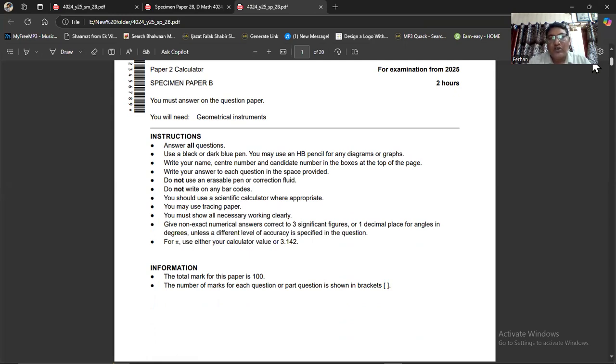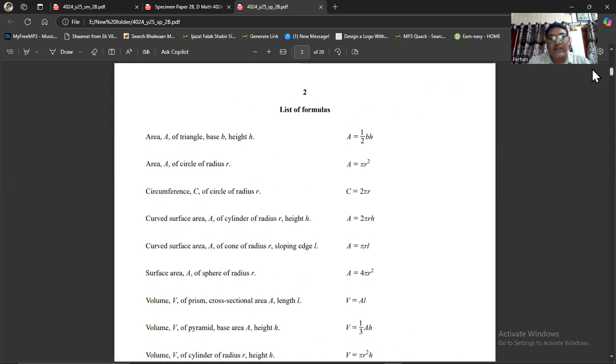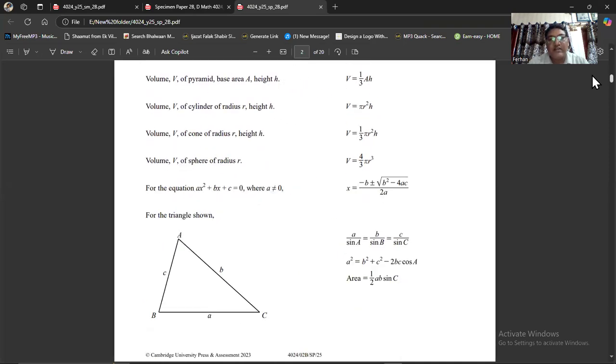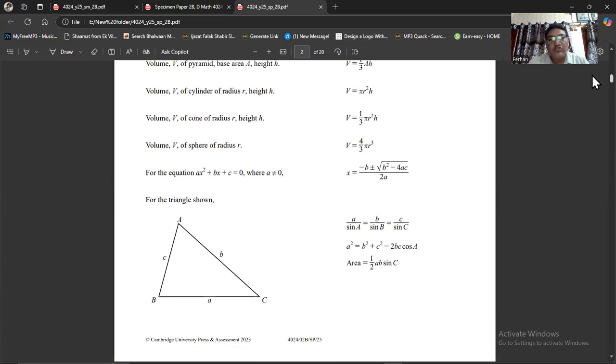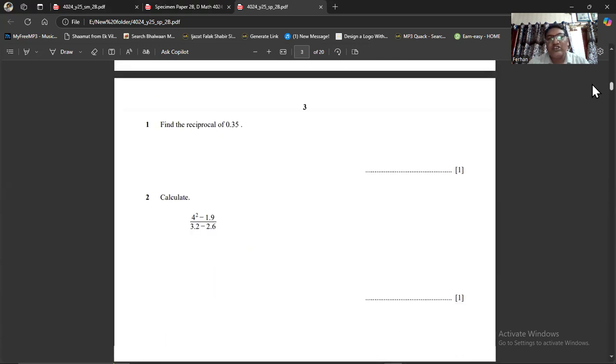So let's start. This paper is accompanied with a formula sheet. These are the formulae which will be given. You can see this is the formula sheet.